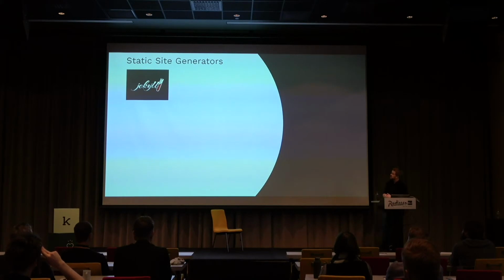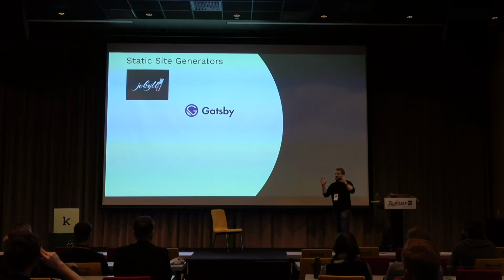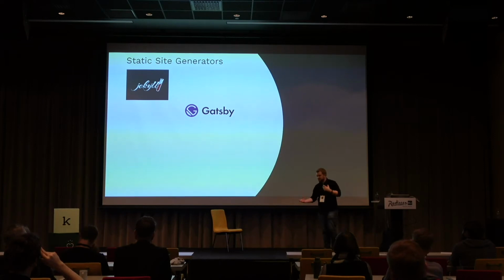So Jekyll kind of started this off, but then someone came along and created Gatsby, which took this a step further. Like Jekyll, it gets the data from some data source that you specify, but instead of using HTML or some weird templating language, it just uses React.